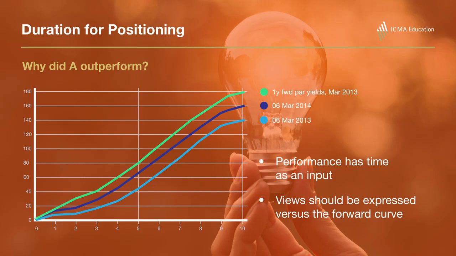So even though we knew where yields were going and we were right, what we didn't know is that we need to express our view versus the forward curve. It looks like yields are going up on paper from the light blue to the dark blue, but actually yields are dropping relative to the forward curve, and so lengthening your duration will cause you to outperform.